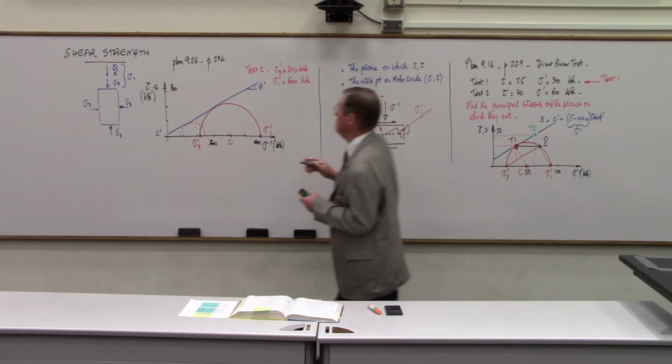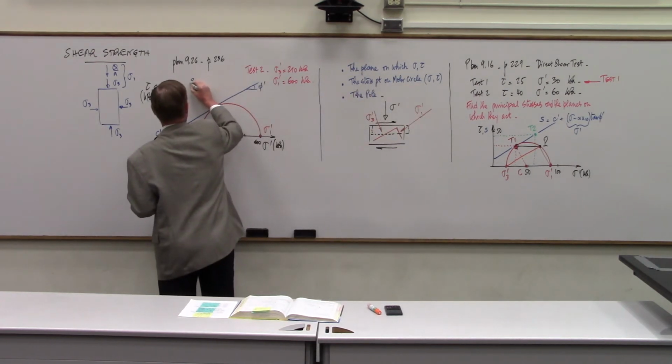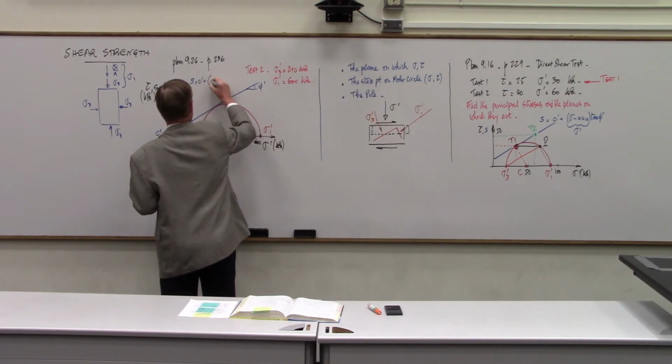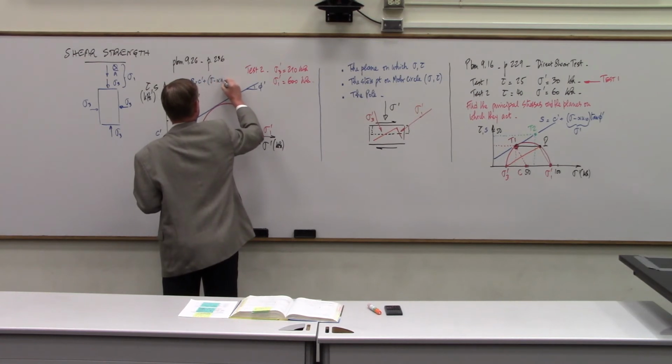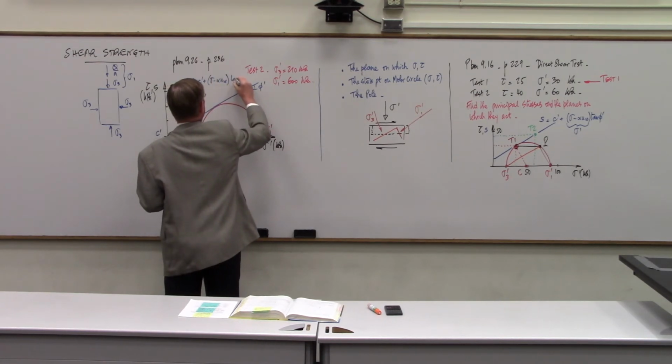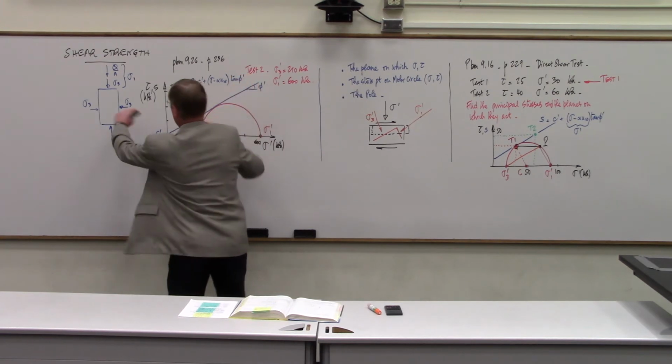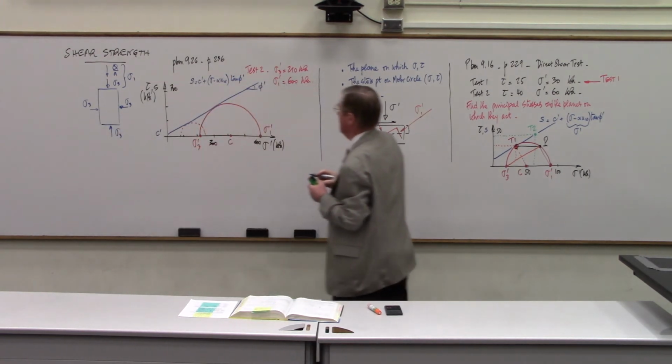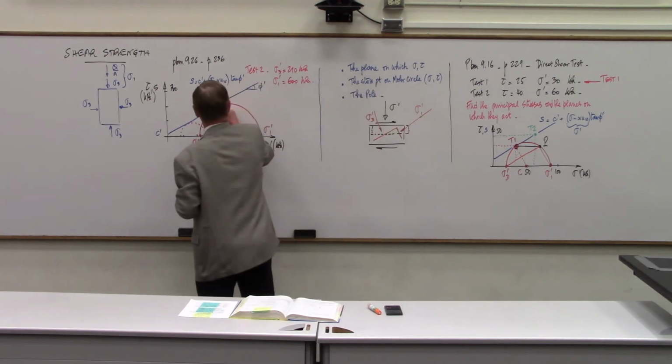Again, the equation that you need to recall is S equals C prime plus sigma minus alpha UW tangent phi prime. All right, so the point of tangent C is right here.